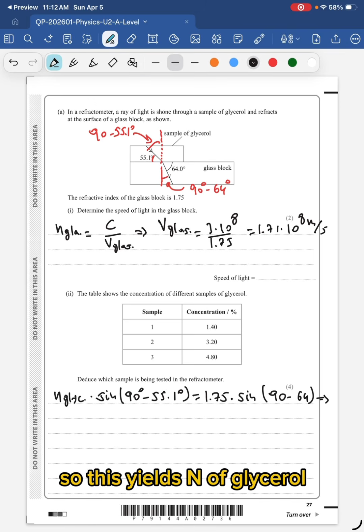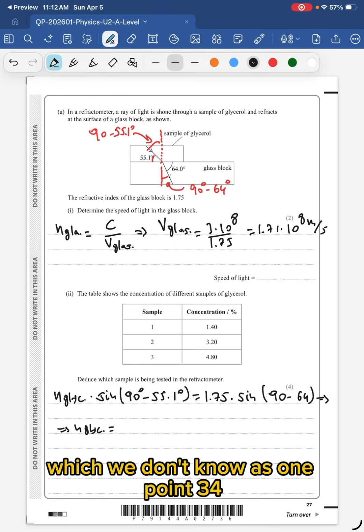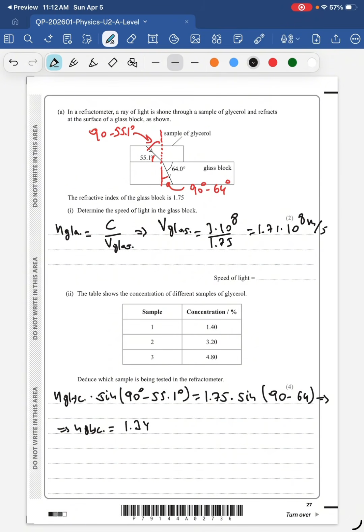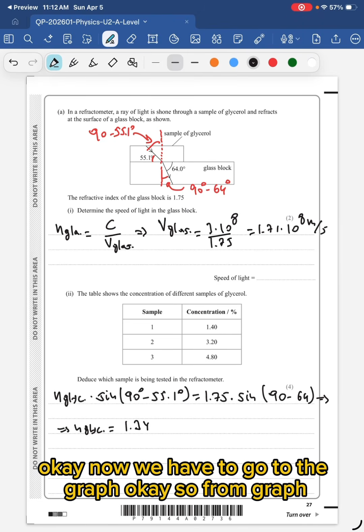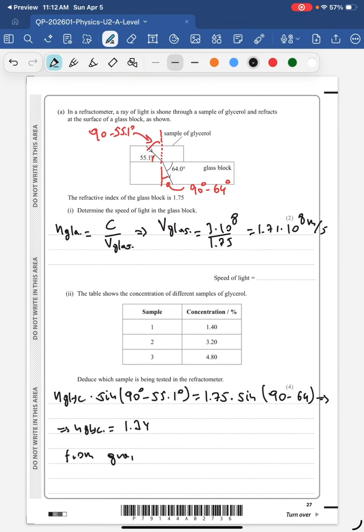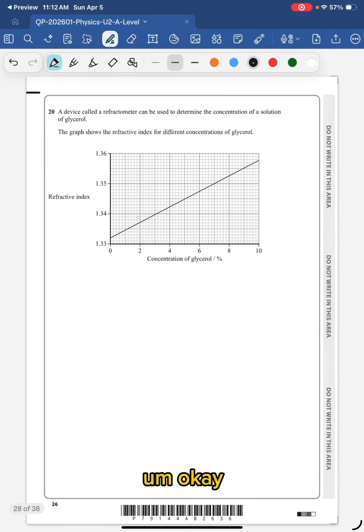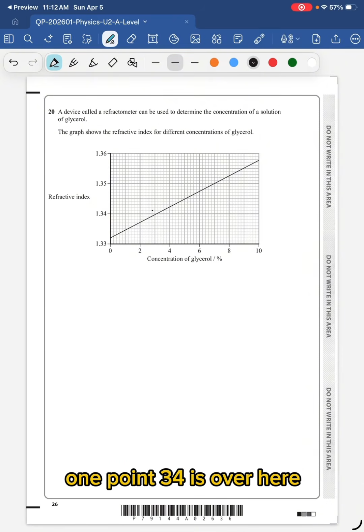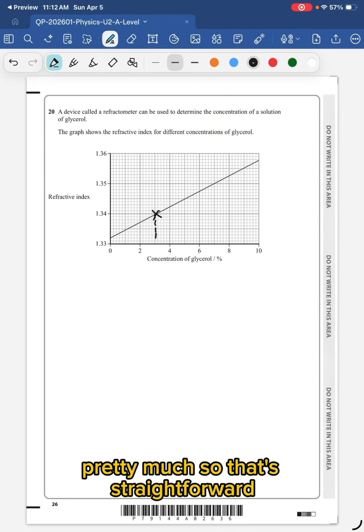So this yields n of glycerol, which we don't know, as 1.34. Okay, now we have to go to the graph. So from the graph, 1.34 is over here pretty much, so that's straightforward.